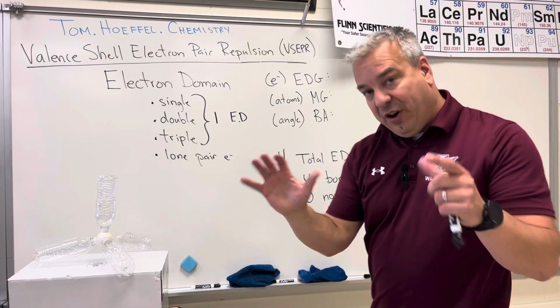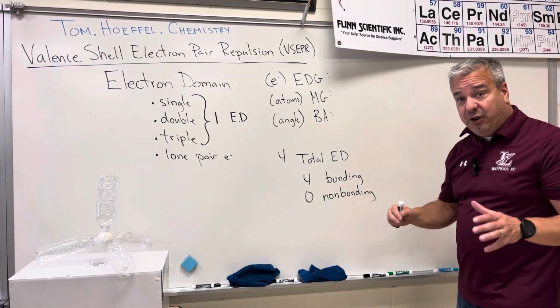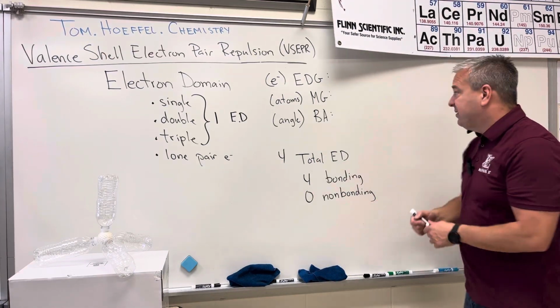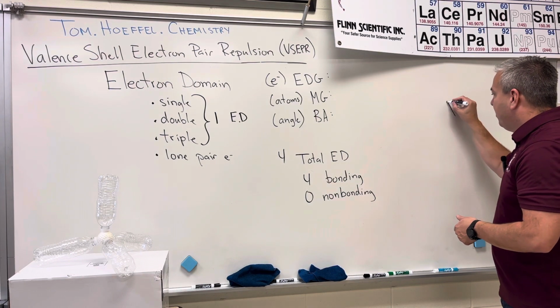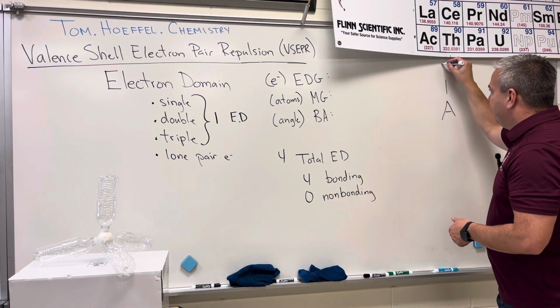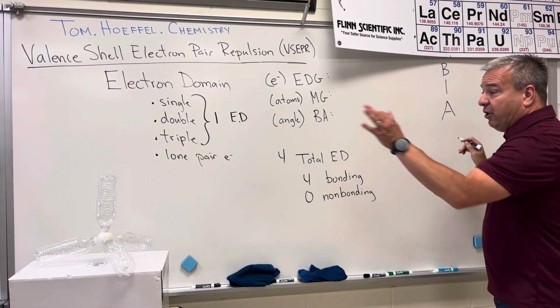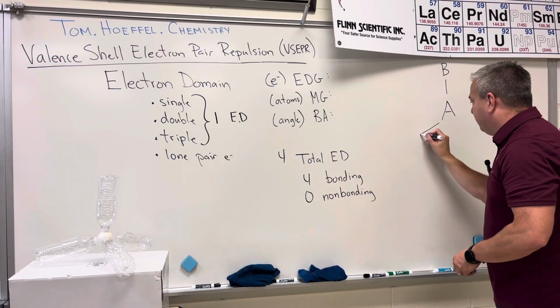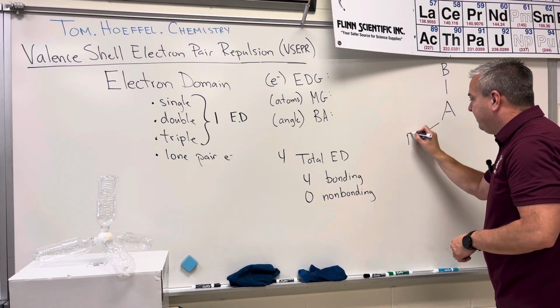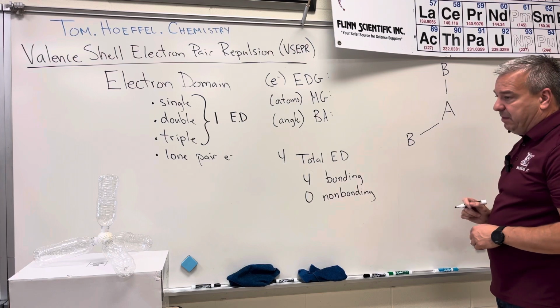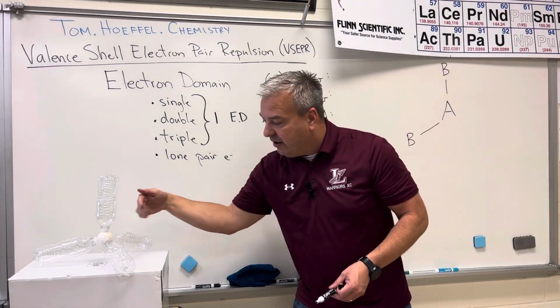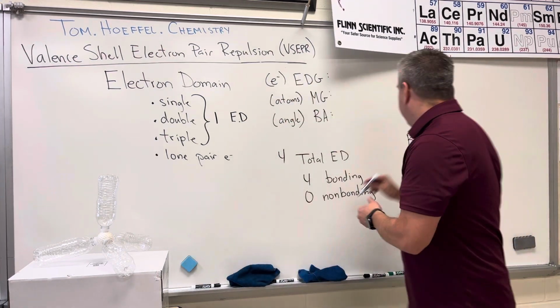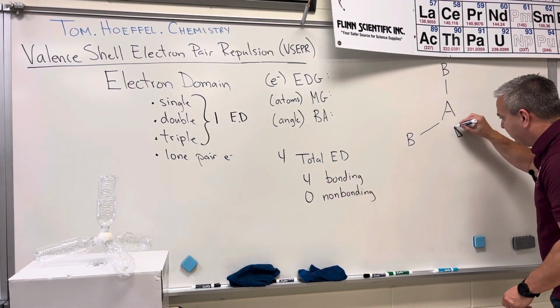So drawing this can be a little difficult when it's your first time drawing it. So let's go ahead and do this together. We got an A right here. The one on the left is in the plane, and it's down a little bit. And the A is in the plane. Now we got this guy right here. It's coming out of the plane, so I'm going to use a wedge to show that.